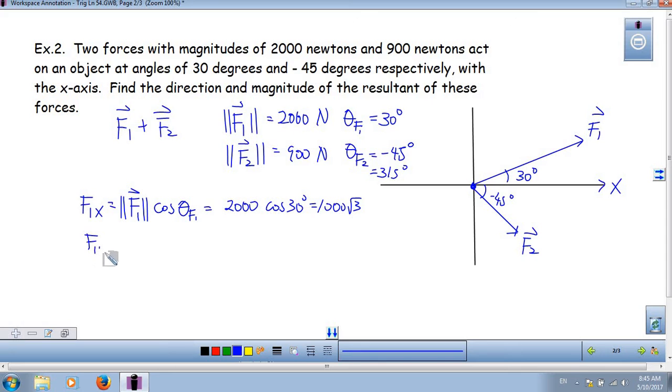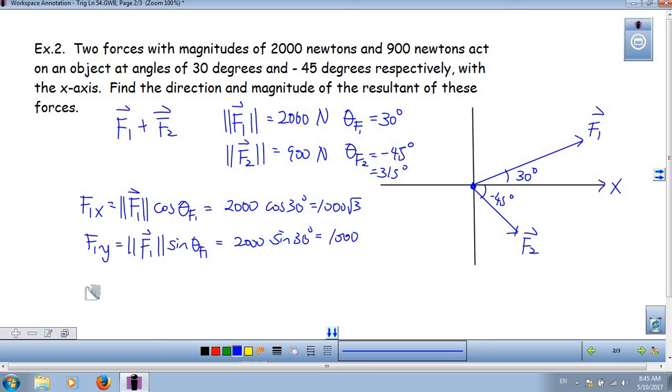And F1y would be the magnitude of F1 times sine of the angle of F1. So it would be 2,000 newtons times sine of 30 degrees. Sine of 30 degrees is 1/2, so that will be 1,000 newtons.